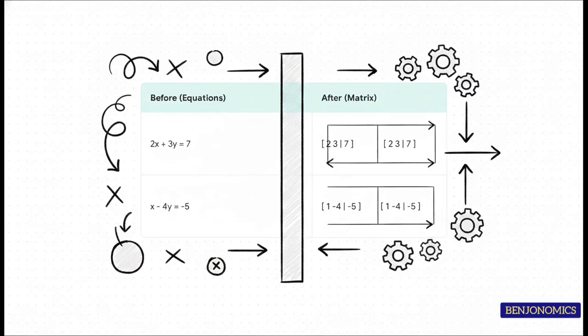The chaos is just gone. What we're left with is a clean, highly organized numerical puzzle completely ready to be solved. Every row represents one equation, and that vertical bar simply stands in for the equal sign, holding the boundary between our variables and our final constants.